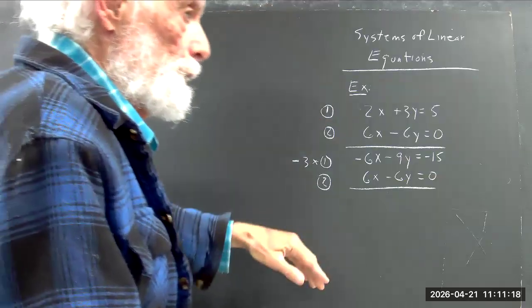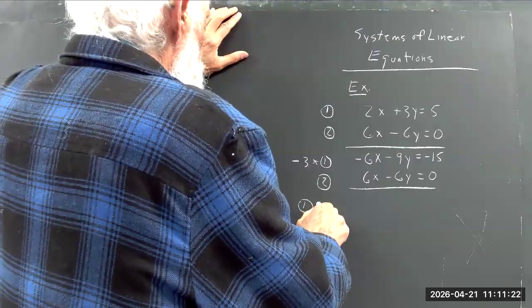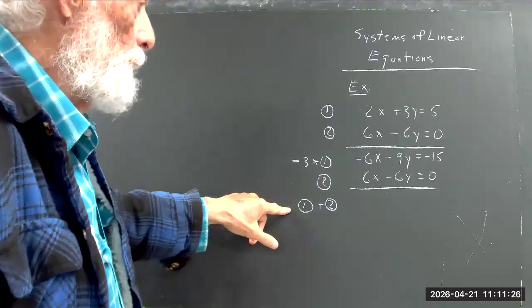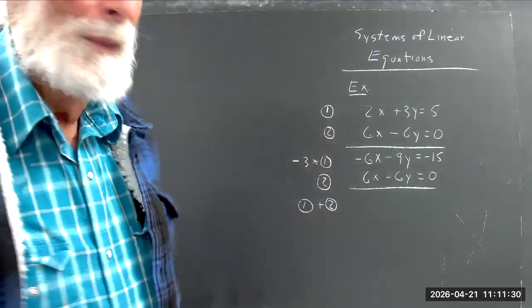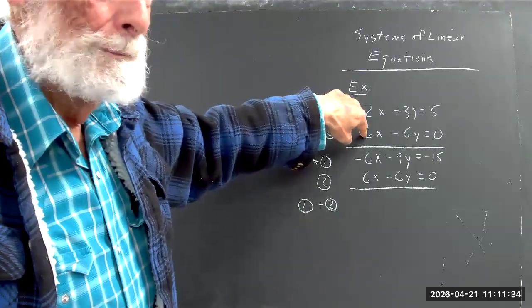And then I'm going to add these two equations. I'm going to indicate that by saying circled 1 plus circled 2. Circled 1 always refers back to the first equation in my previous set. It doesn't refer all the way back to the first equation in the original.